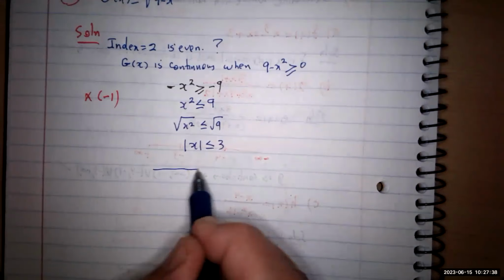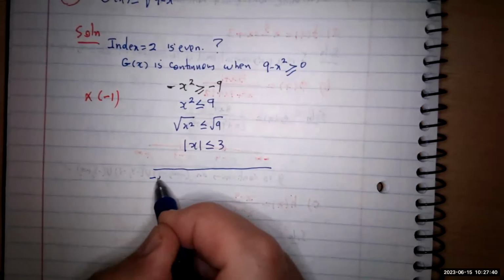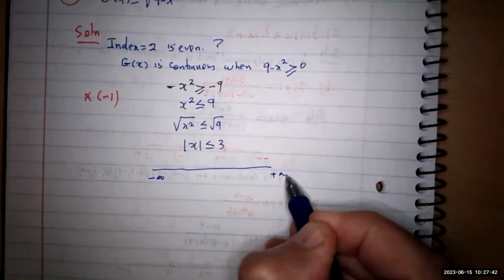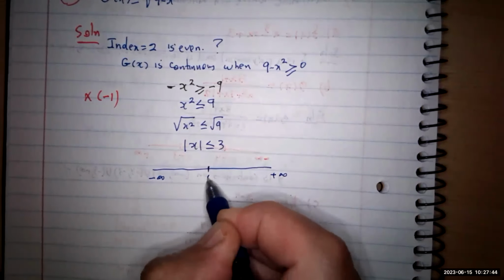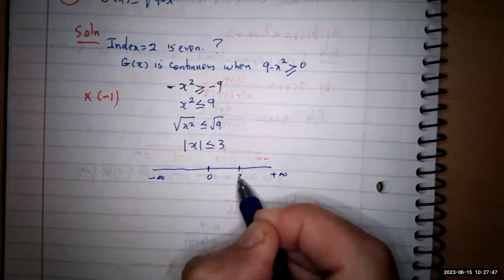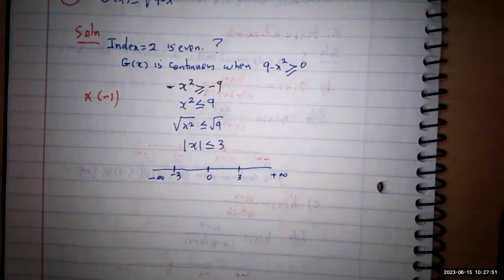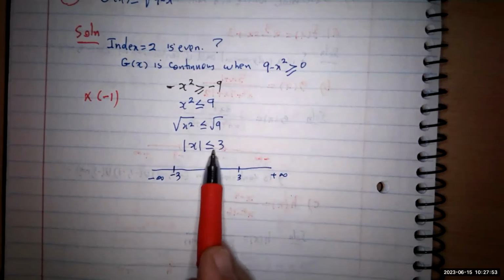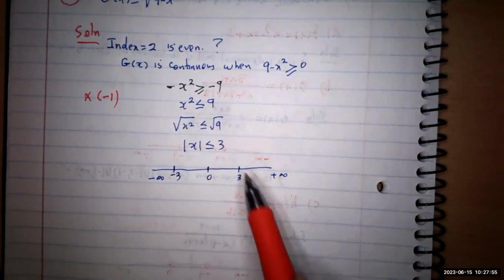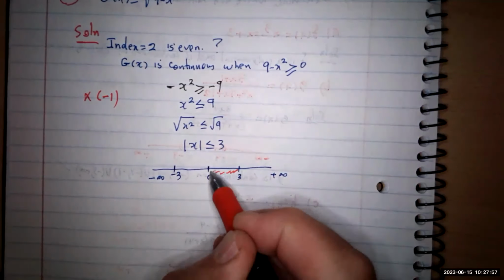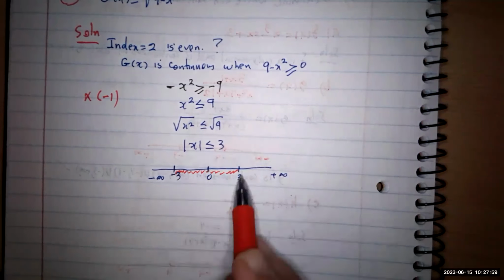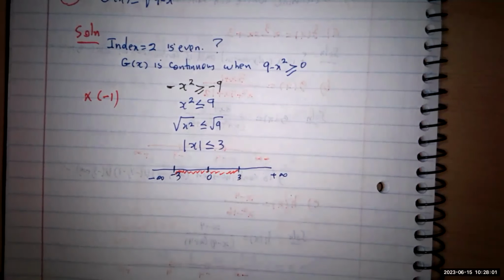Okay, number line. Negative infinity to positive infinity. 0, 3 to the right, -3 to the left. You see, x less than 3, less, you go inside. Greater than, you go to the right and to the left.